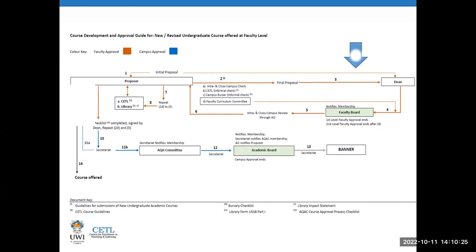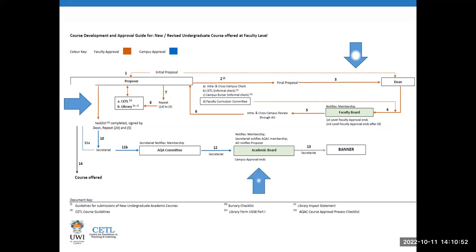So in this graphic, where this arrow is pointing, you have the faculty level. Once the faculty decides, okay, this is the course that we would like and we're going forward with, then you send it to the other entities, such as the CETL, the bursary, and so on.